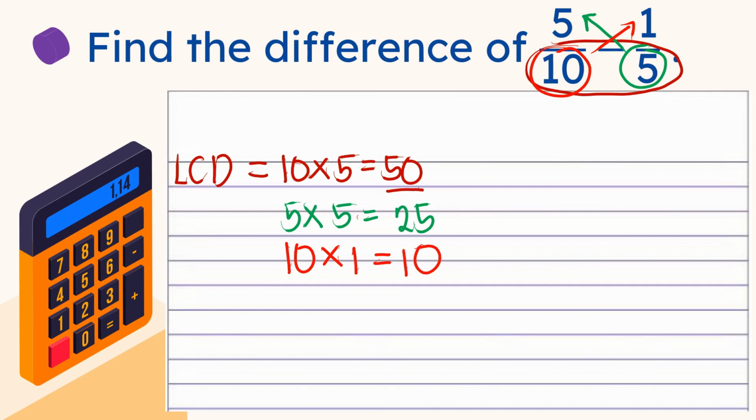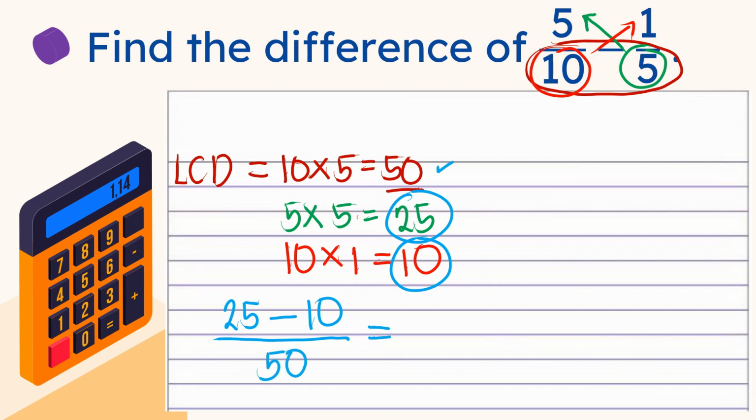Okay? Now, if we are going to write our fractions, we're going to have what? We're going to have 25. Okay? Ito yon. Plus, sorry, not plus, kasi nagma-minus pala tayo. Okay? Minus 10. Okay? Ito yon. Out of your LCD, which is 50. Okay?